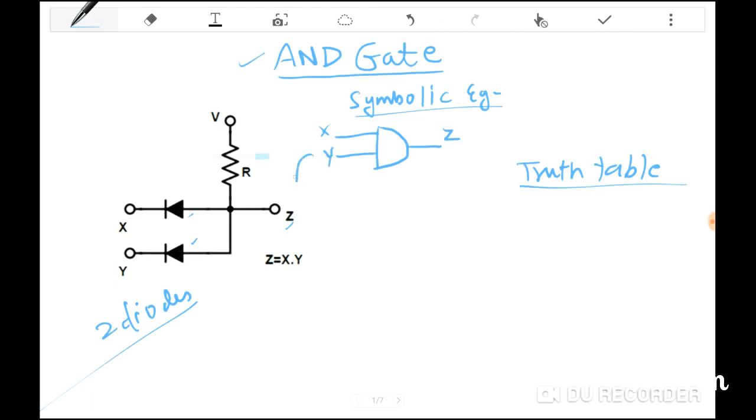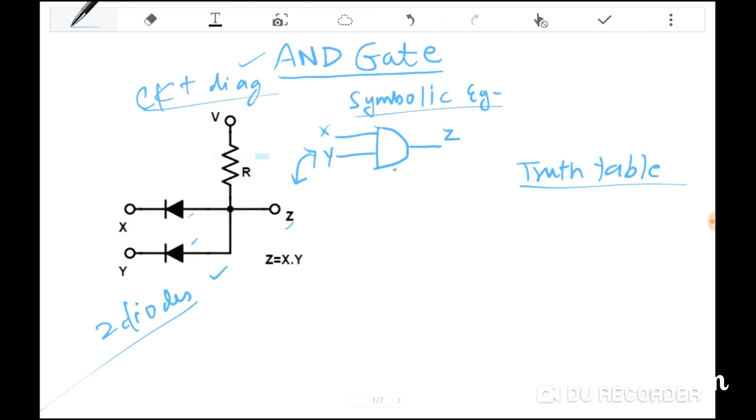Now, this is a symbolic diagram of what we are studying here. This is the circuit diagram. To avoid any confusion, these two are equivalent diagrams, so don't confuse yourself. While explaining this diagram, I am explaining the symbol's working as well, along with the truth table.